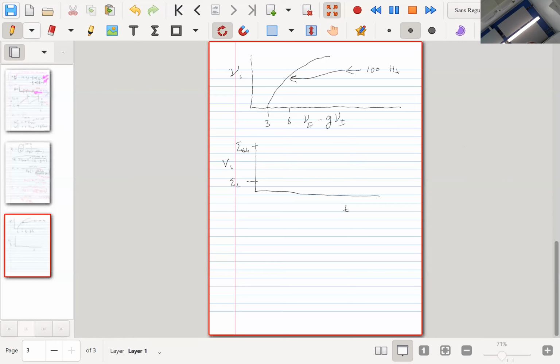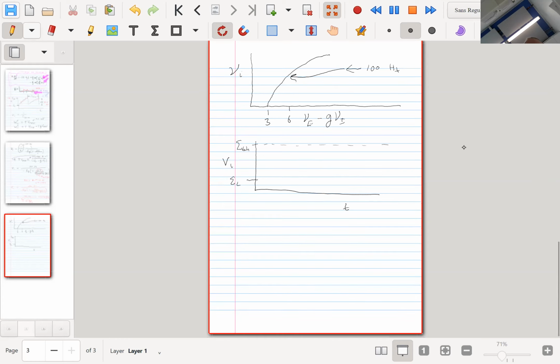In this region here, if we've time averaged the input, we just go up and we never make it to here.